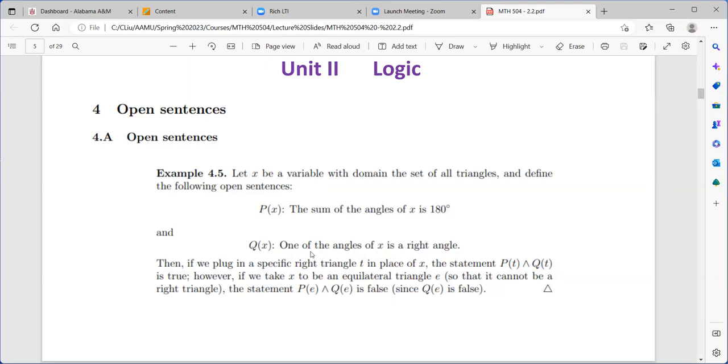Okay. So if we plug in a specific right triangle T in place of x, then the statement P of T intersecting Q of T, or what do we call it in logic? Conjunction. This is true. Look at these compound statements.